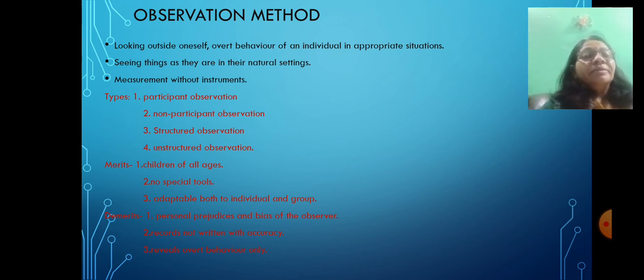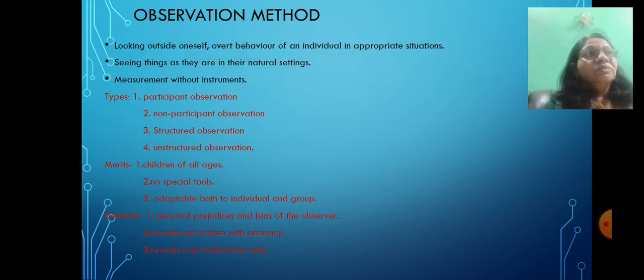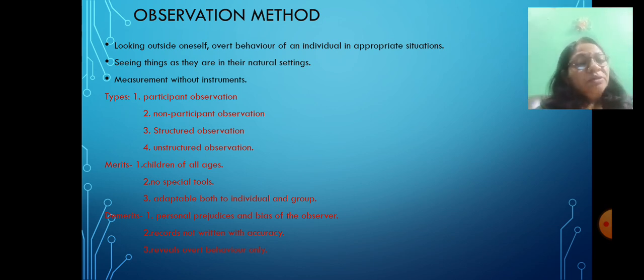According to administration, it can be divided into four types: participant observation, non-participant observation, structured observation, and unstructured observation. Merits: children of all ages can be observed, no special tool is required, and it is adaptable to both individuals and groups. Its demerit is that the records are not written with accuracy.